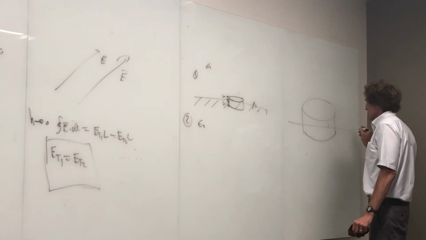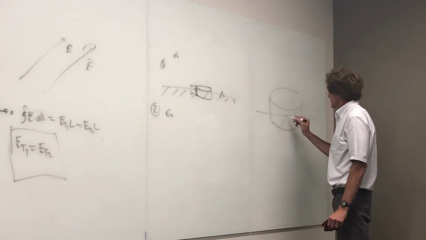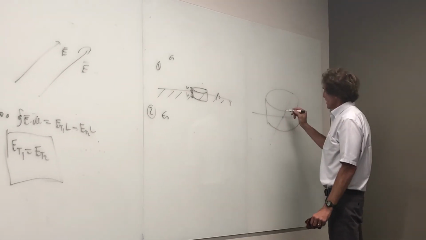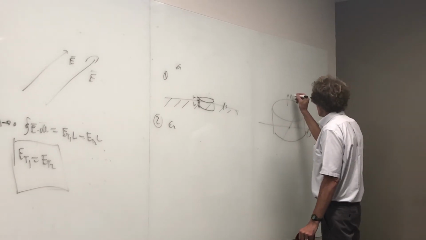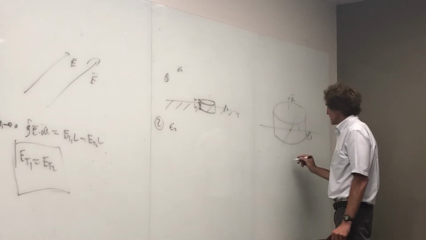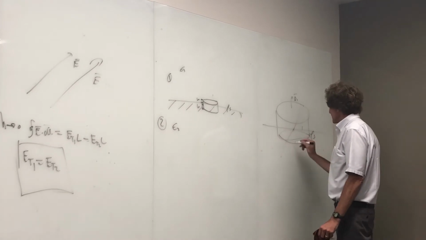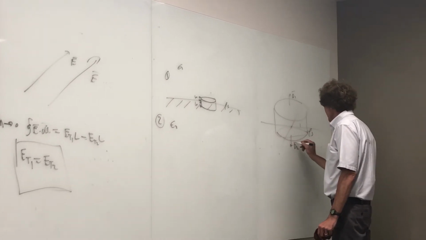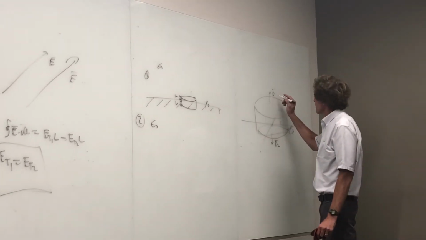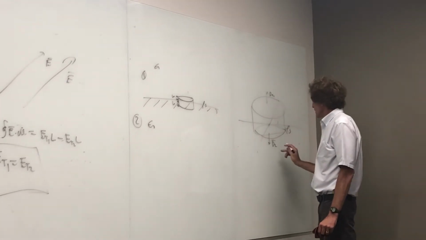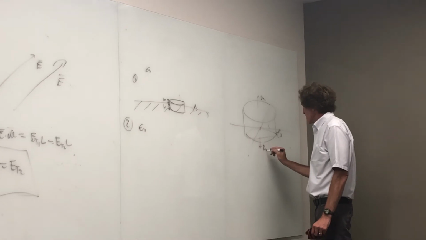We can put the surface here, and we can really say now, if this has a charge density rho s, there's some D field in region 1 here, and there would be some D field in region 2 here. Now, that's actually the normal D field, so I'll call it just D normal in region 1 and D normal in region 2.